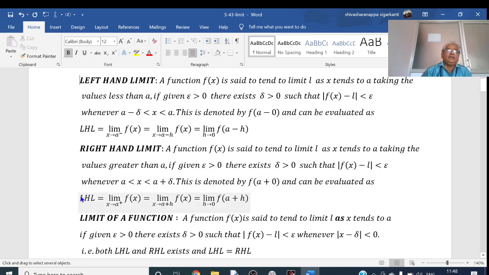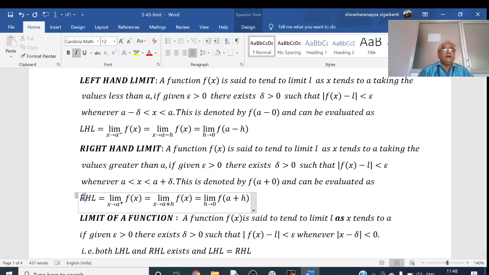And this can be evaluated like this. Sorry, this is our RHL. Right hand limit is equal to limit of f of x as x tends to A plus.